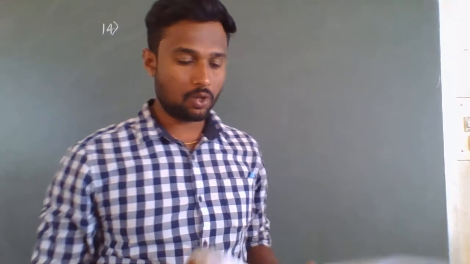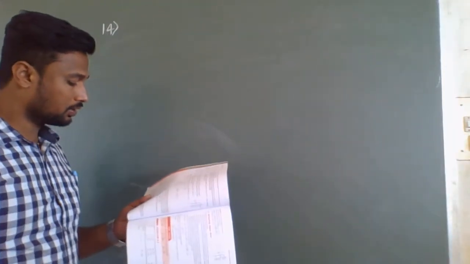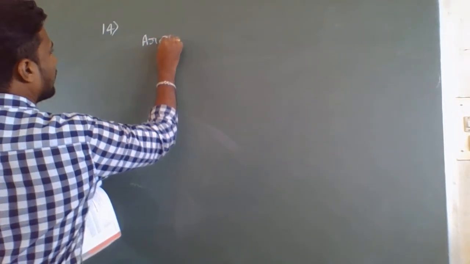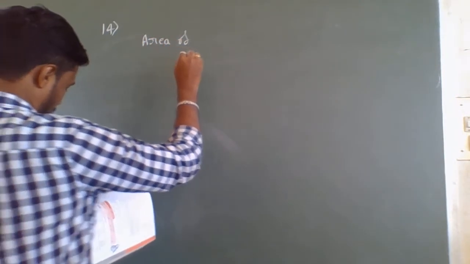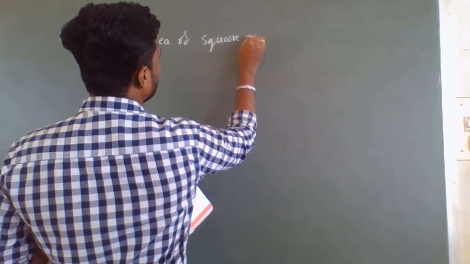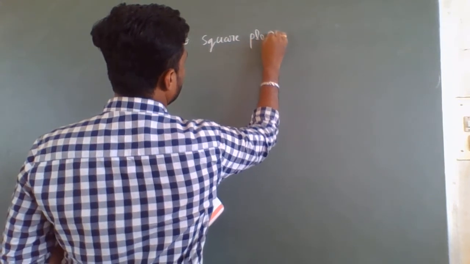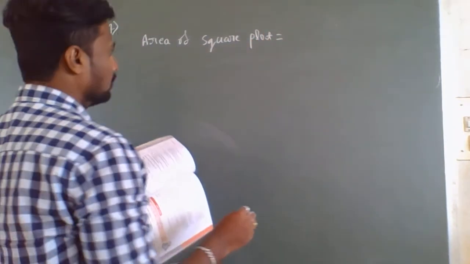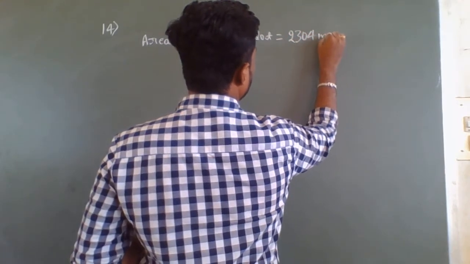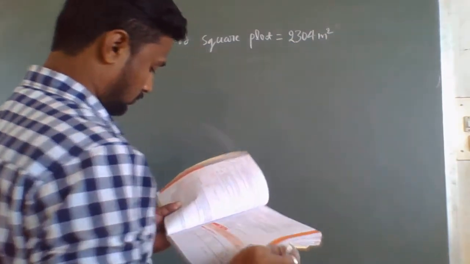So here in the 14th example they have given that the area of a square plot equals 2304 meter square.